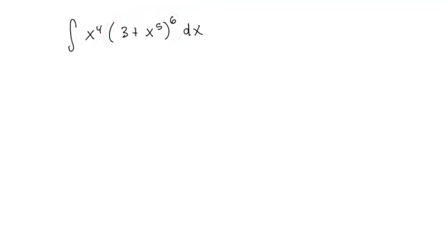A slightly different attack would be to assume that this piece right here came from the act of taking the chain rule on something. Now, if we ended up with a blank to the sixth power, and then junk, that must have been because we started out with something that looked like blank to the seventh power. Since the blank never changes, we'd have to have a 3 plus x to the 5 inside that expression.